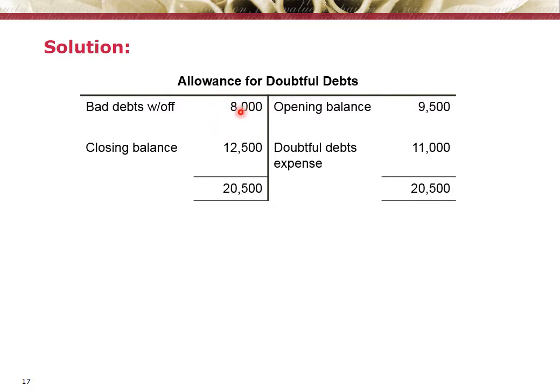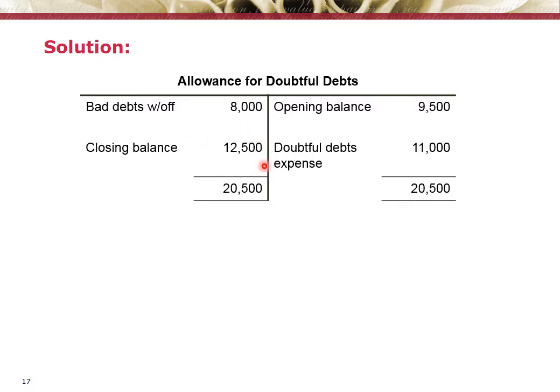Then I would write the closing balance on the opposite side of the normal balance. The normal balance for allowance for doubtful debts is a credit balance, so the opposite side, because it reduces the balance, is the closing balance of $12,500.